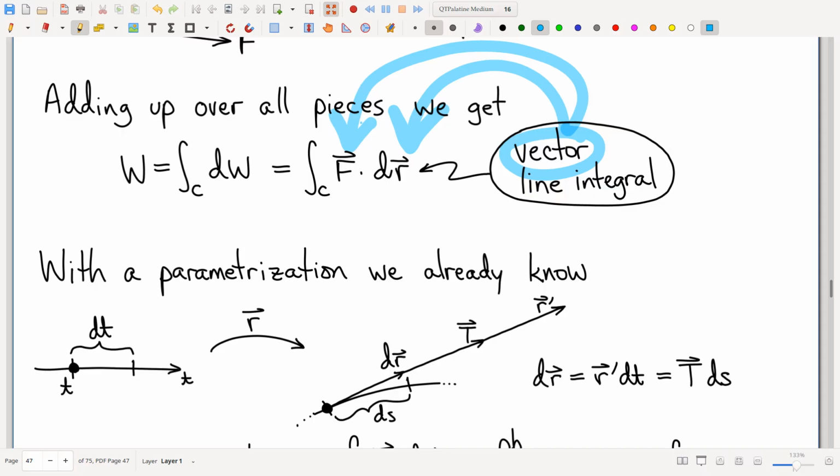Now, just a heads up, a little cultural point. Our book does make this distinction. I have always made this distinction. I think it's important. But in practice, day in and day out, when you're a user of these ideas, at some point it's perfectly obvious to you and everyone you're talking to what kind of a line integral it is, and very often they will drop the distinction and they'll just say, yeah, line integral.